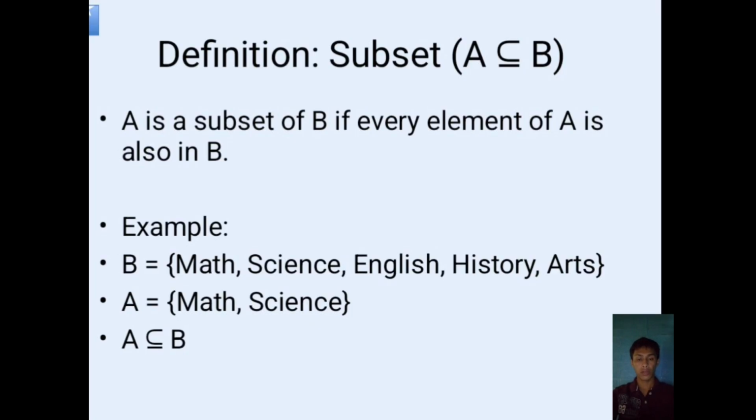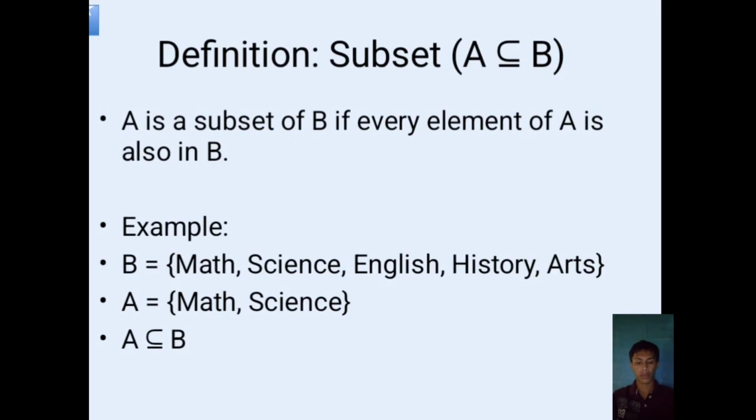So the definition of subset: we can say that a certain set is a subset of another set if every element of the given set is also present in the other set. For example, in the presentation, in set A we have math and science, and in set B we have math, science, English, history, and arts.